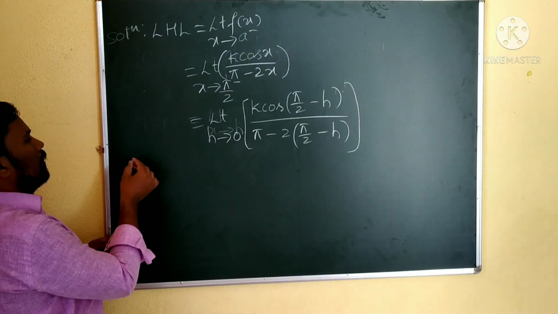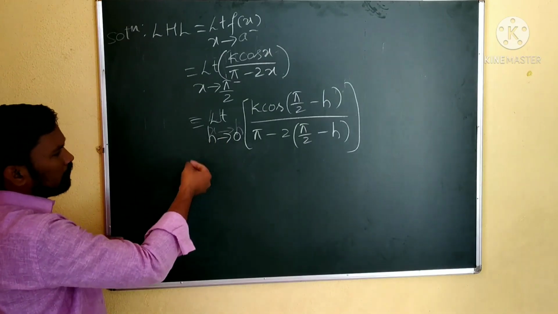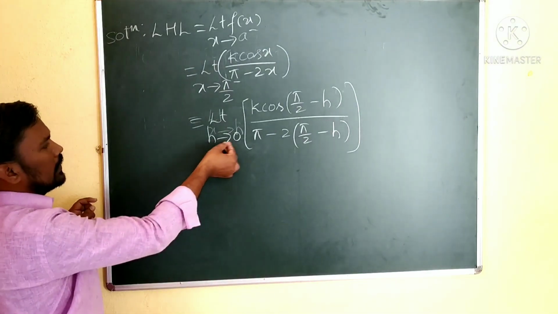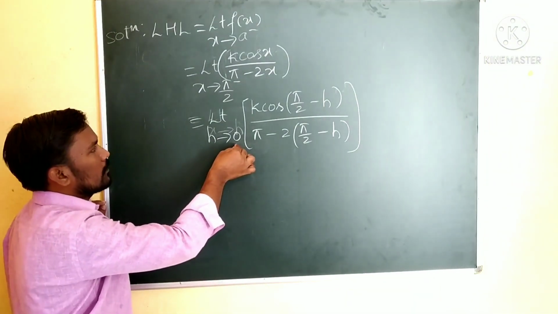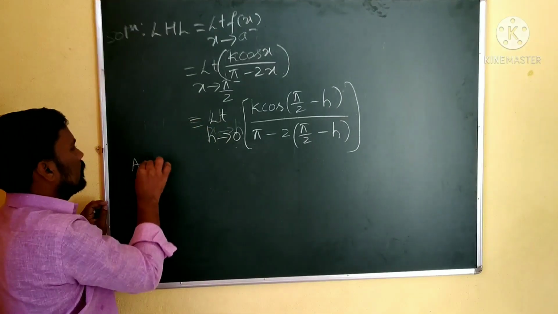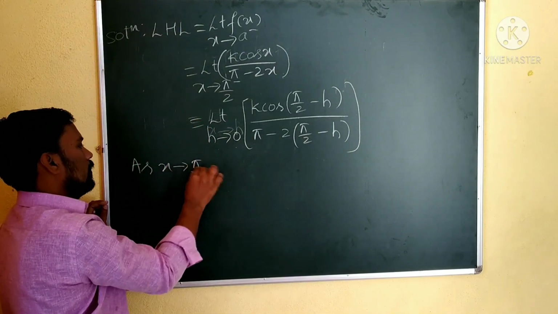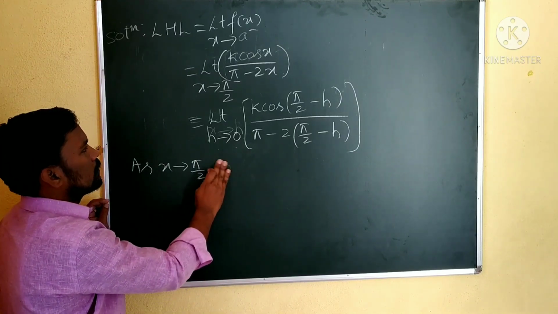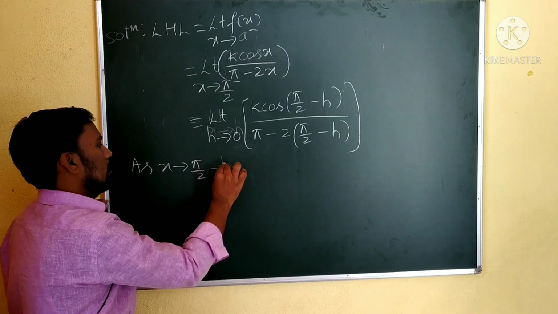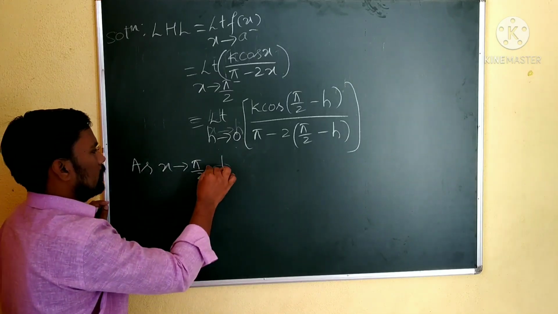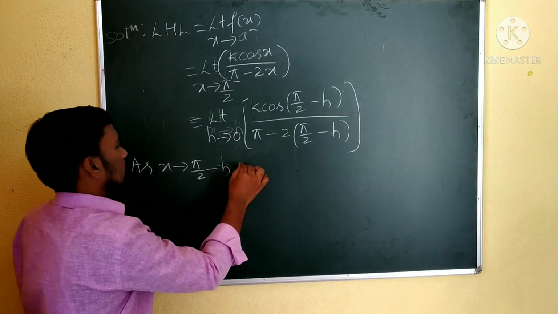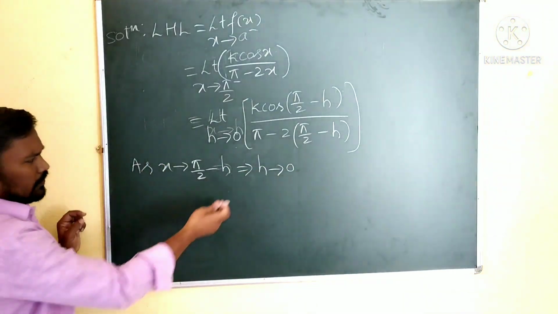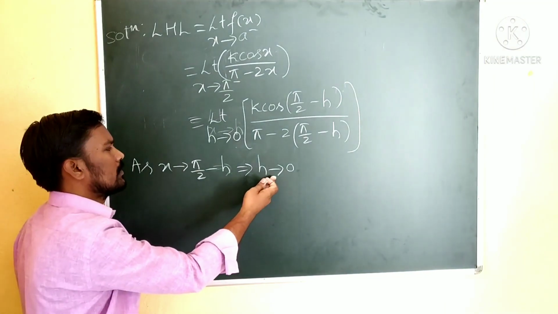Because we are introducing one more variable, that is h. As x tends to pi by 2 minus h, h tends to 0, which is very near to 0, not exactly 0.